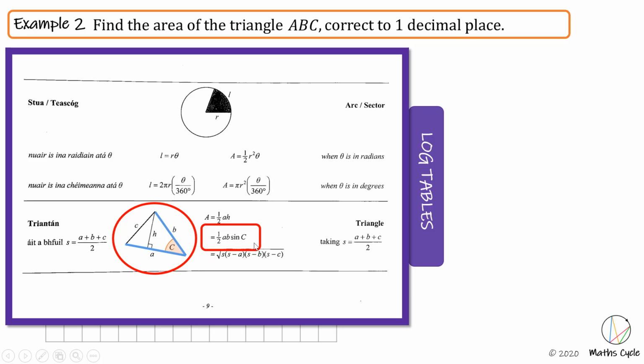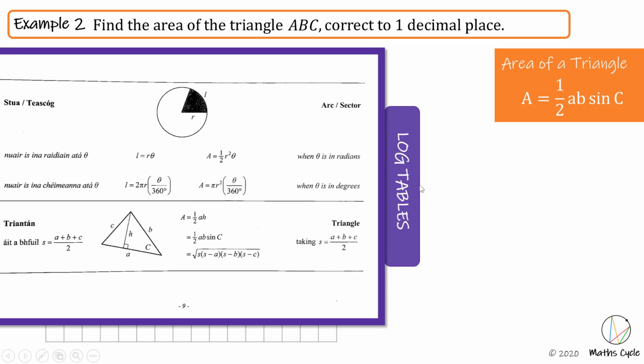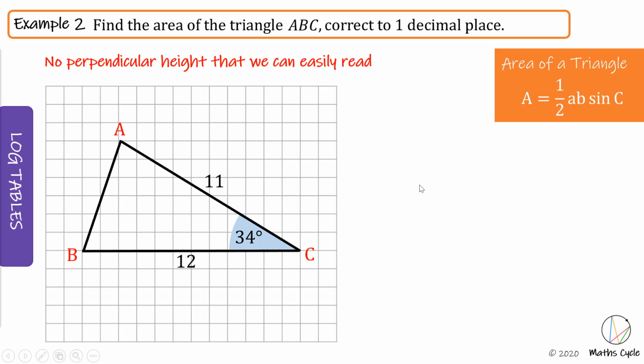Now it is most important about this formula that the angle must be the included angle. So that's the name we give the angle that lies in between the two sides, the included angle, and it must be that angle. Okay, so our formula for this question is the area of a triangle equals a half AB sine C, and we need two sides and the included angle.